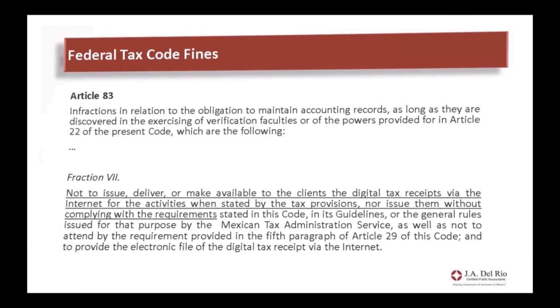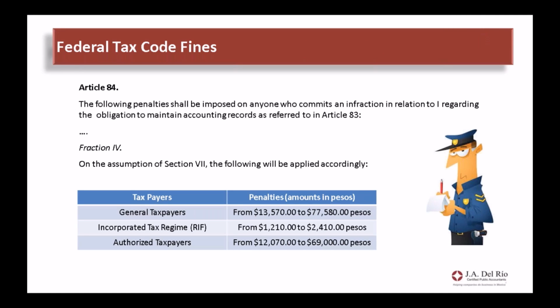Well, the government establishes penalties that are applicable to 3 different sections. Most of us will fall in general taxpayers, because the other 2 penalties are for specific sectors. So most taxpayers will fit into the general taxpayers penalty, which goes from 13,570 pesos to 77,580 pesos.